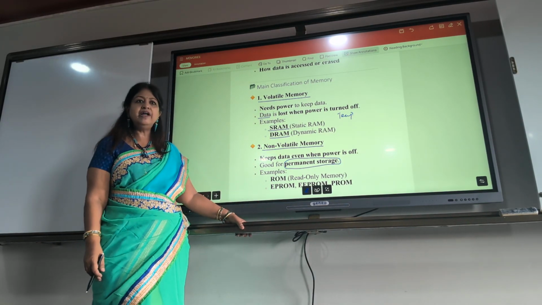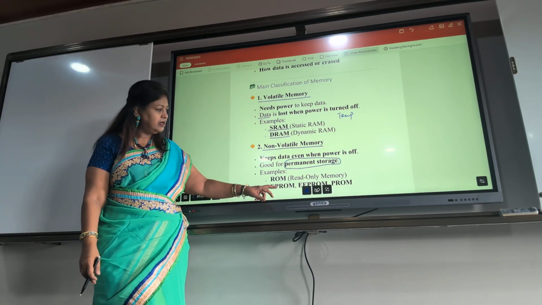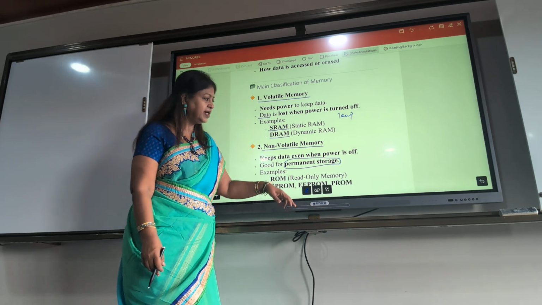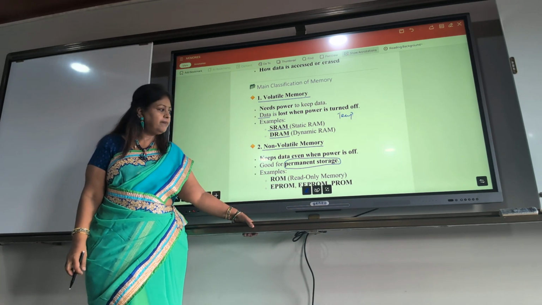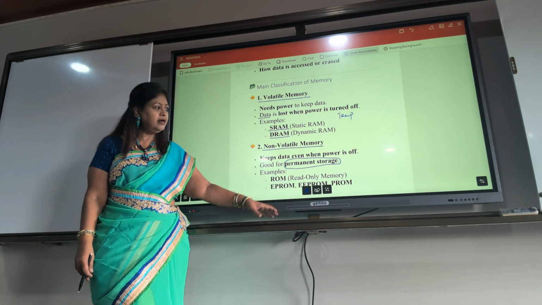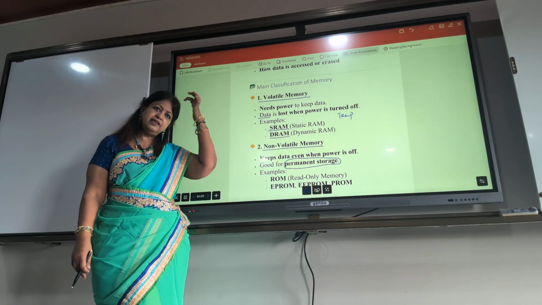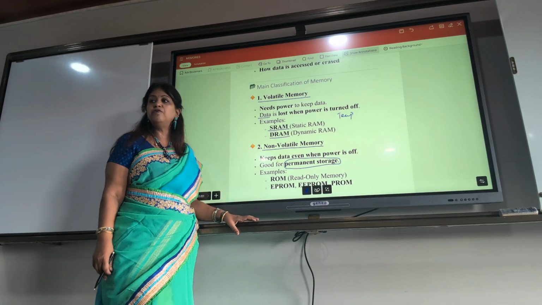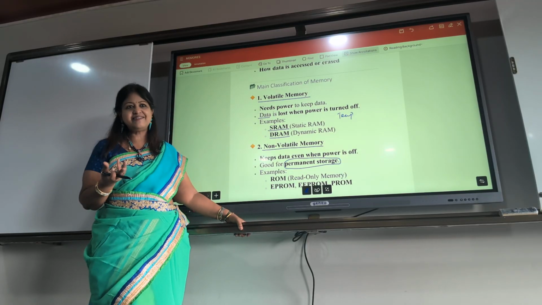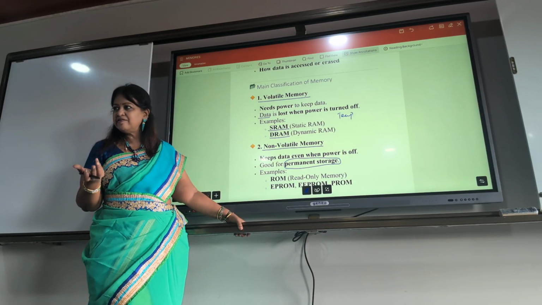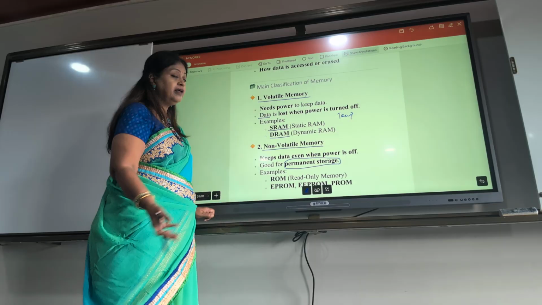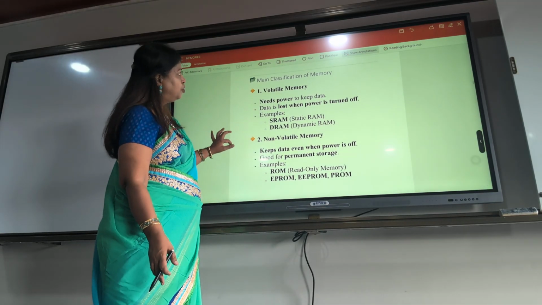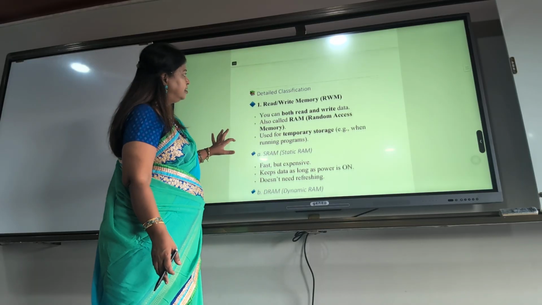Examples: ROM, read-only memory, programmable read-only memory, erasable programmable read-only memory, and electrically erasable programmable read-only memory. Like that, different types are there. Whatever you write, you are using UV light, and using that we can write. So there are different types. The cost also will vary accordingly. So like this, you have the main classification.